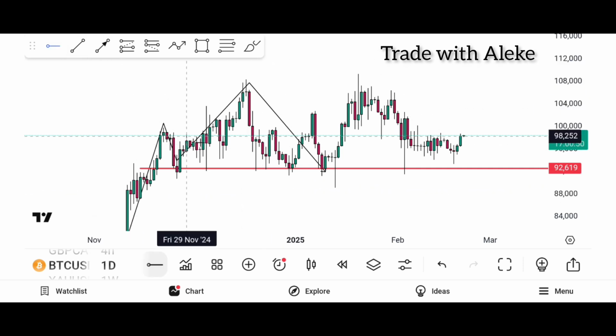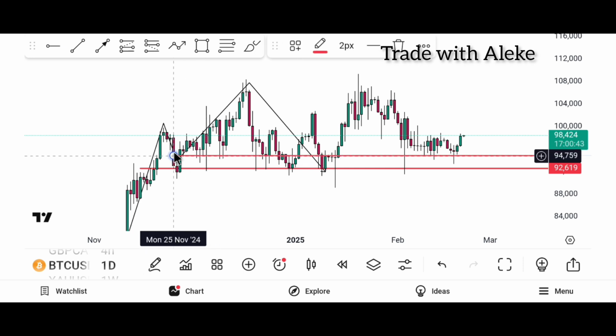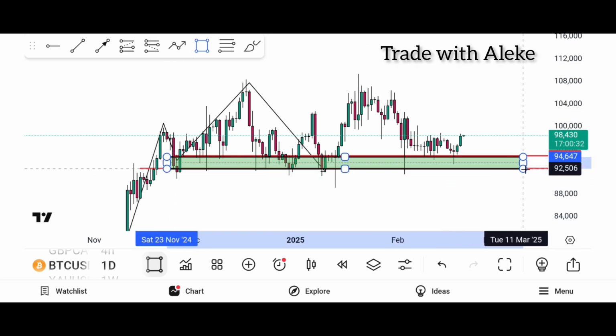You want to also look for another level where price reacted off from, that is within the range. So I have this. Excuse me. You see, I have this. So I want to mark out this range.